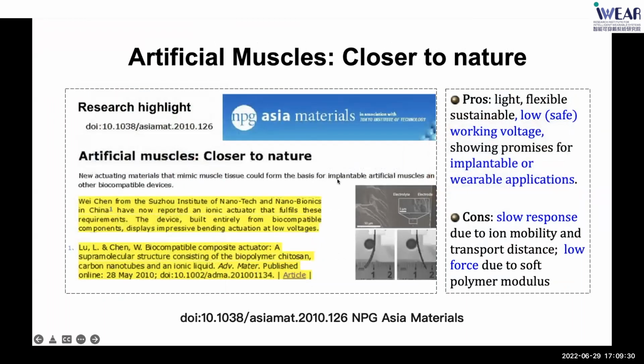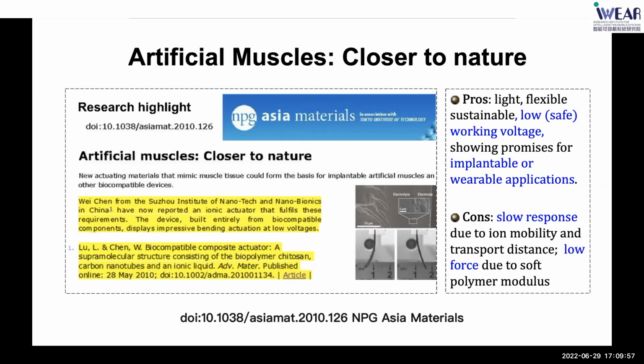As highlighted in NPG Asia Materials, the biggest advantage of this kind of ionic device is that it can be light, flexible, and low voltage driven, showing promise for implantable or wearable applications. But it also has disadvantages.